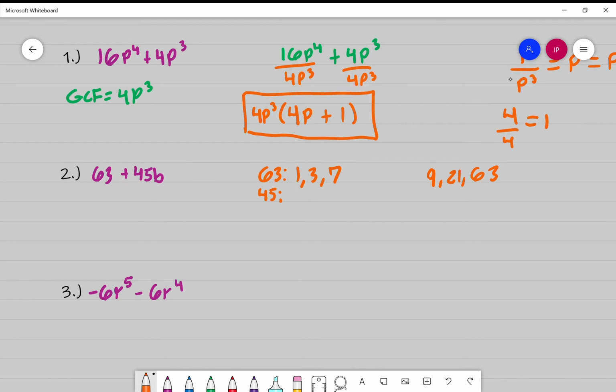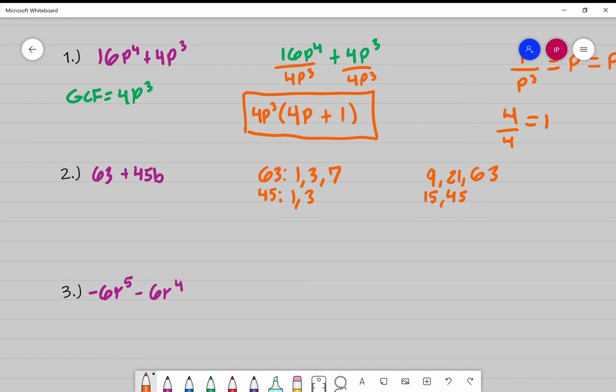Alright, let's do the same thing with 45. We know 2 can't, 3 can, I believe 3 times. 45 divided by, oh, what am I talking about? 15 times.